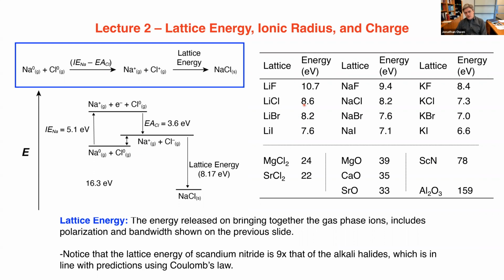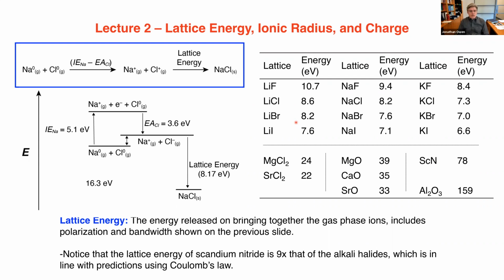Lattice energies are shown over here on the right, and the trend that we discussed is that the biggest contributor to these changes is the bond distance. The separation between the ions dictates how strong the Coulombic forces are. It goes as 1 over the separation. And then secondarily, electron affinity and ionization energy.